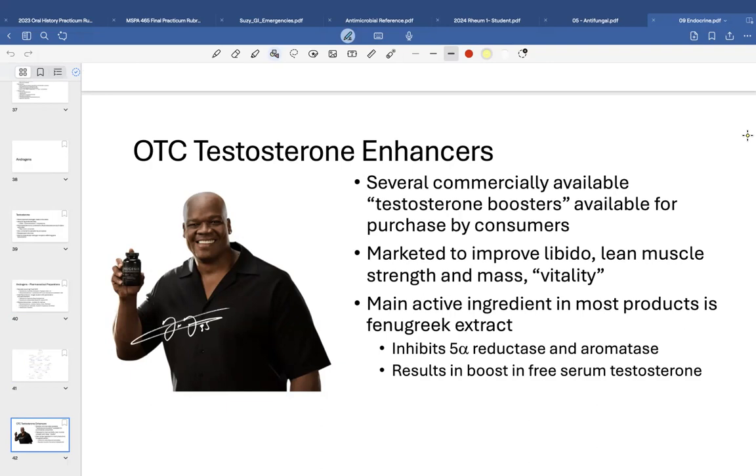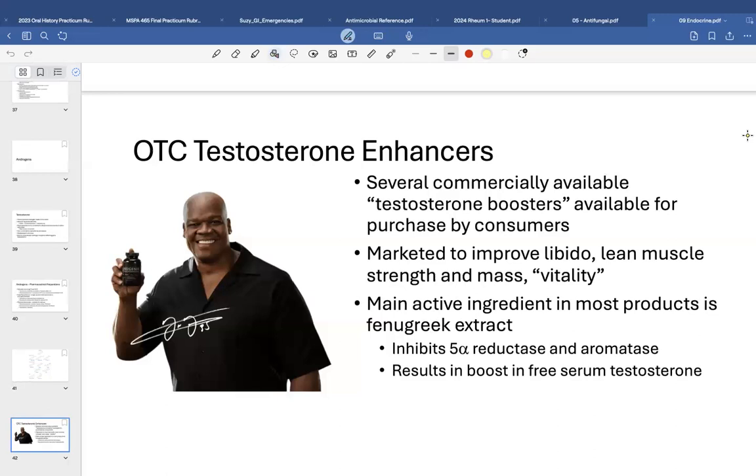Fenugreek extract basically is not a testosterone agonist or what have you, but it does two things that tend to increase free T, or they call it serum testosterone.